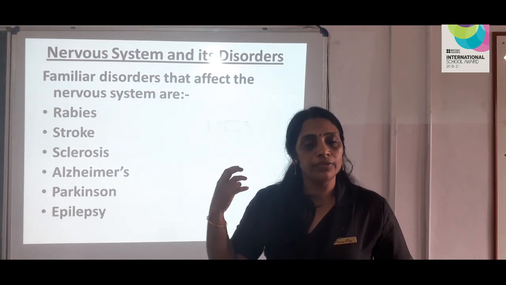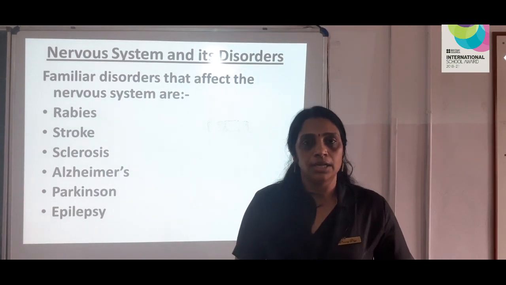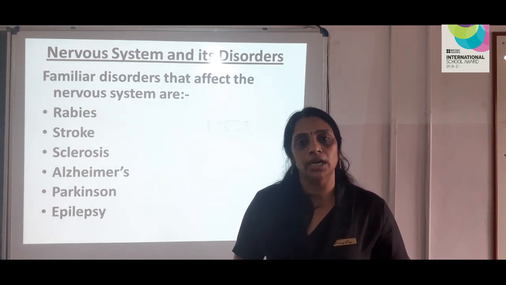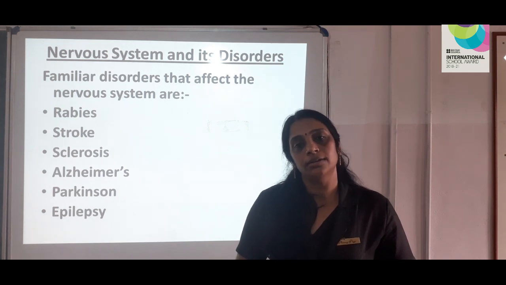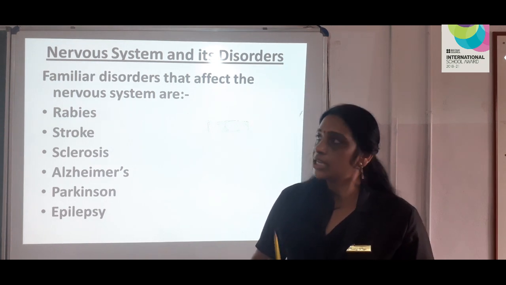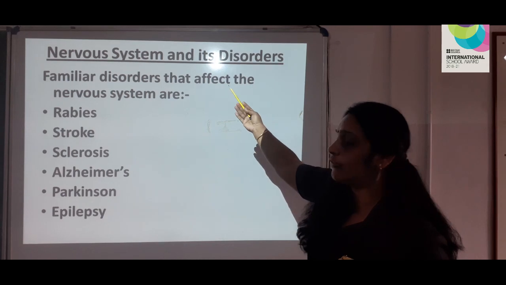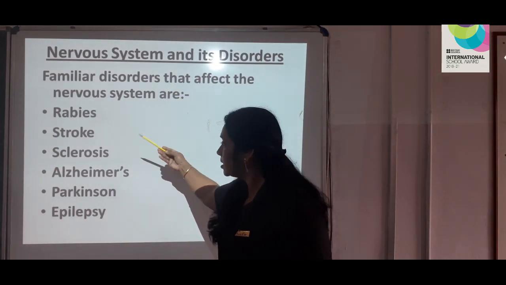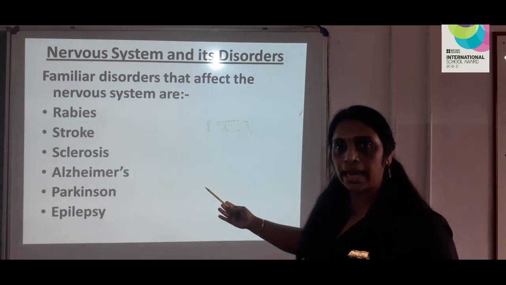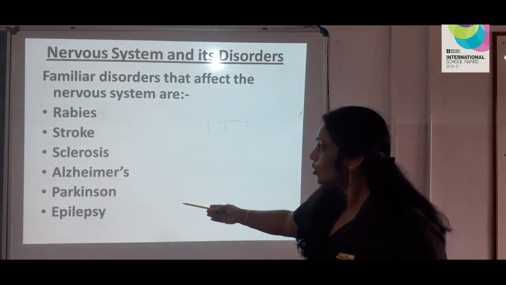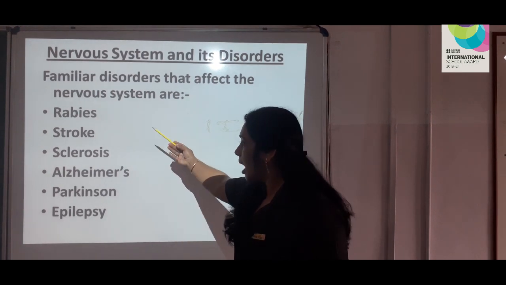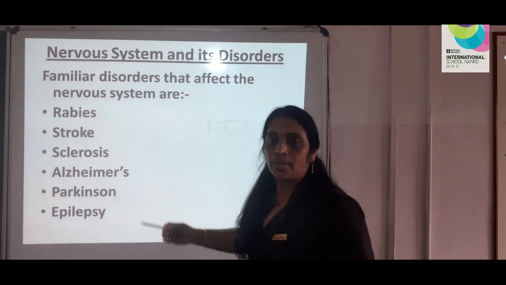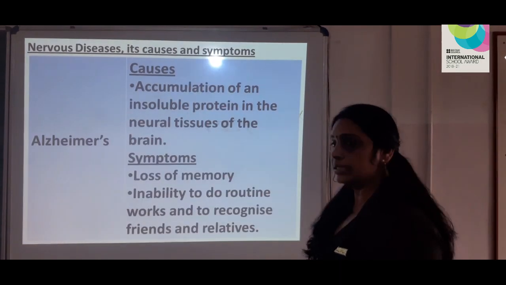Nerves are also cells which need nutrients, and if they are not getting proper nutrients, surely that will lead to disorders or diseases. Such diseases which we are familiar with are rabies, stroke, sclerosis, Alzheimer's, Parkinson's and epilepsy. Among these, Alzheimer's, Parkinson's and epilepsy we are going to study in detail.